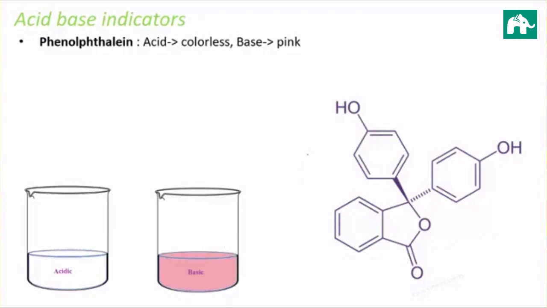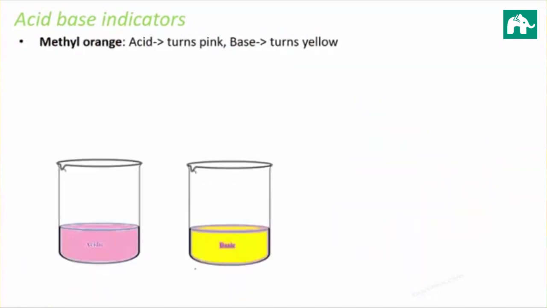This is how the structure of phenolphthalein looks, and in acidic solution it is colorless, and in basic solution it turns pink. And that's how we identify between acid and base. Not just phenolphthalein, we also have methyl orange, which behaves differently with an acid and a base. In acidic solution it turns pink, and in basic solution it turns yellow.